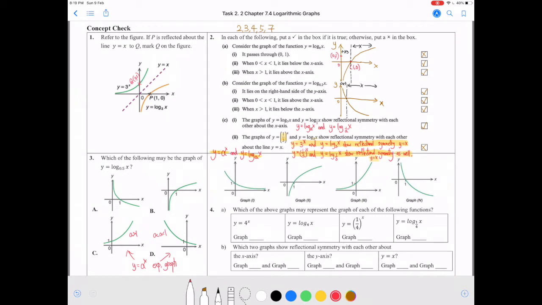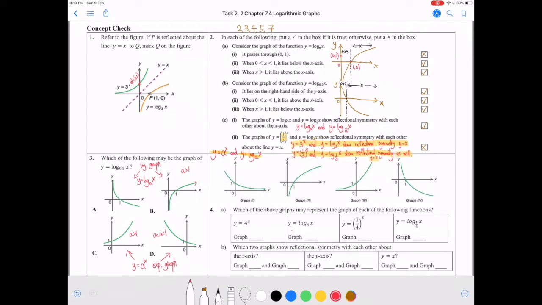So we still have option A and option B. These two graphs are logarithmic graphs, or simply, log graphs. Y equals log base a of x. Let's look at the right-hand side option B. You can see for this graph, when x increases, y increases, right? So this is the case when a is bigger than 1.